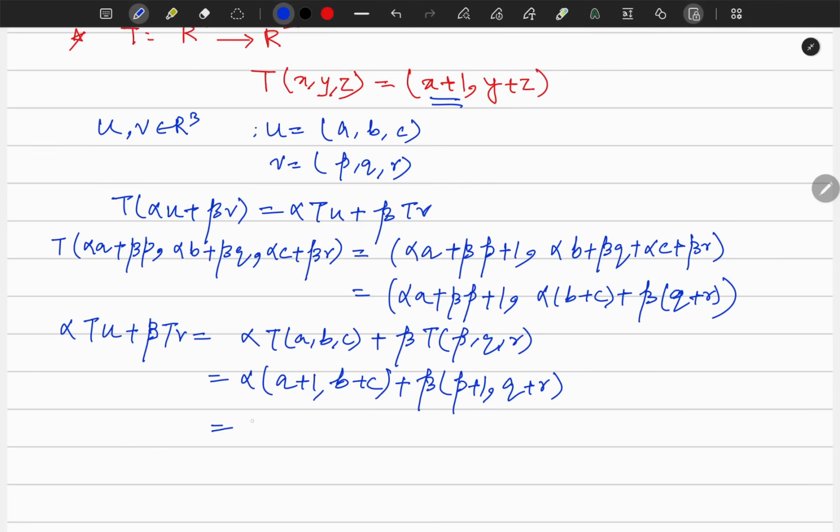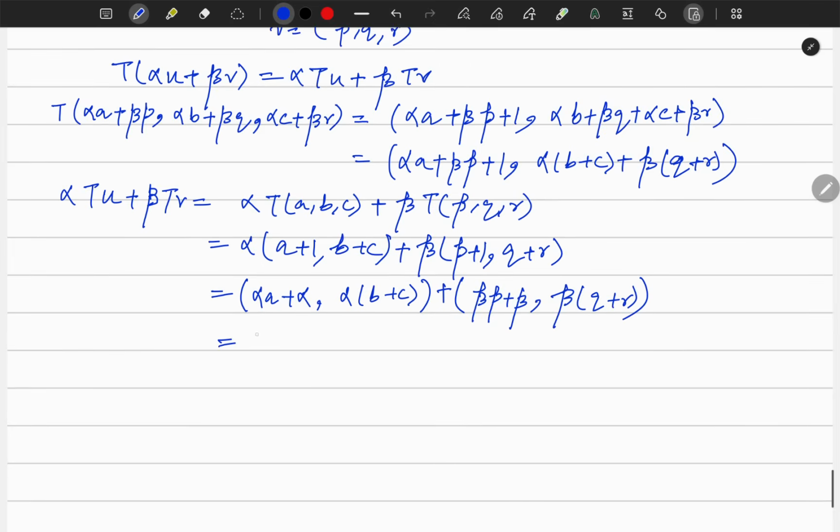So when you apply the alpha, you will get alpha a plus alpha, b plus c, plus, here you apply the beta, so that is beta p plus beta comma beta q plus r. So you will get here alpha a plus beta p plus alpha plus beta comma alpha b plus c plus beta q plus r.